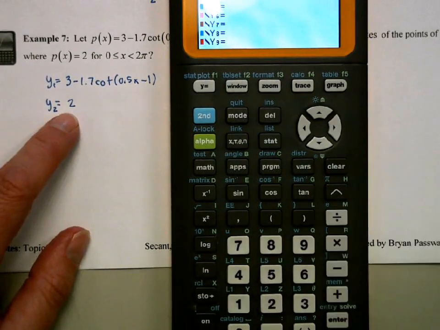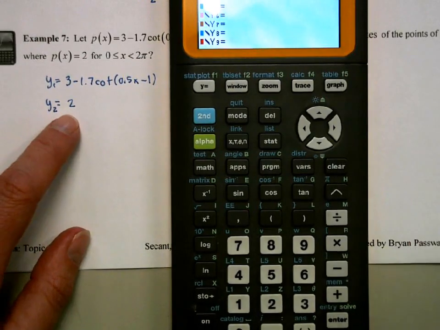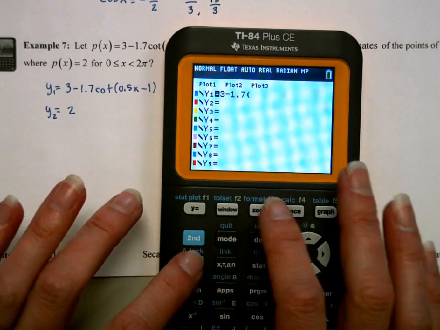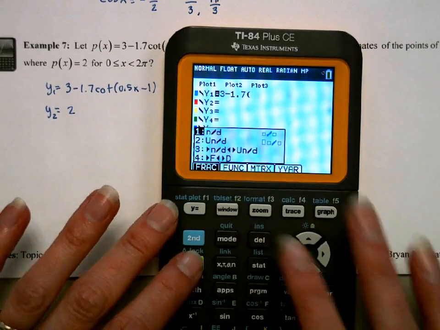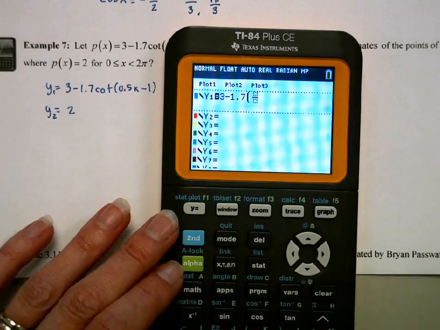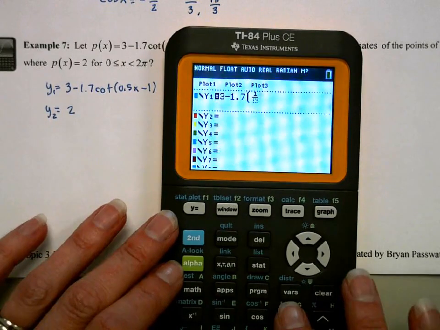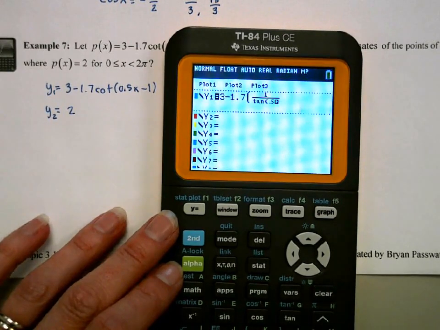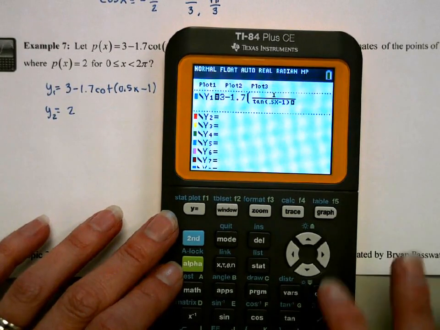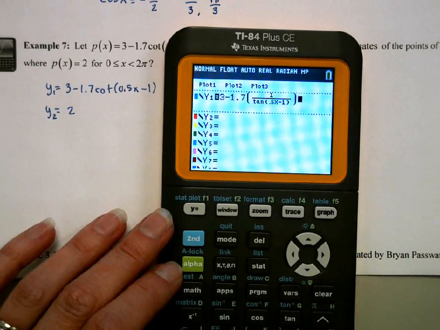So I'm just going to do 1 over tangent. I'm going to do an open parentheses and use the fraction button because that makes life easier. Instead of cotangent, I'm going to have 1 over the tangent of 0.5x minus 1. So that 1 over tangent is equivalent to cotangent.